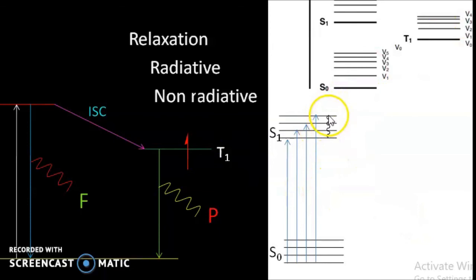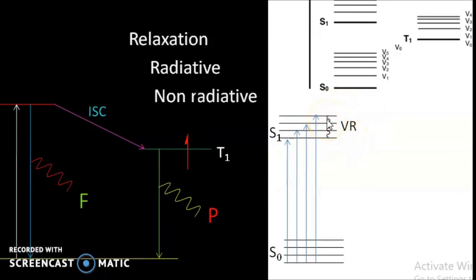Here the electron from the highest vibrational energy level of the singlet excited state is coming down to the lowest energy level of the singlet excited state. This transition is called internal conversion, which is vibrational relaxation. This is a non-radiative relaxation mode.